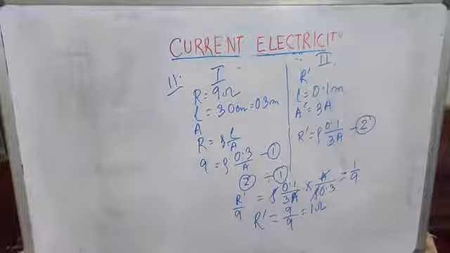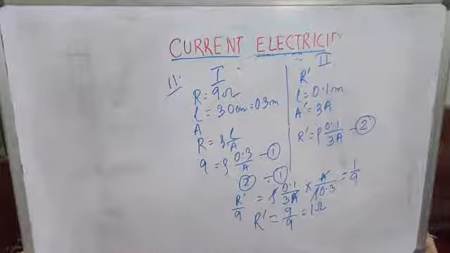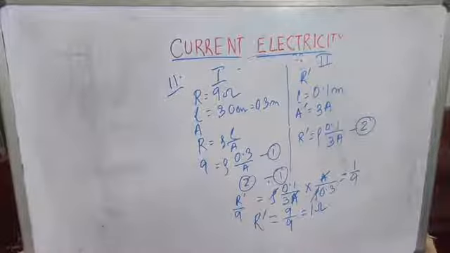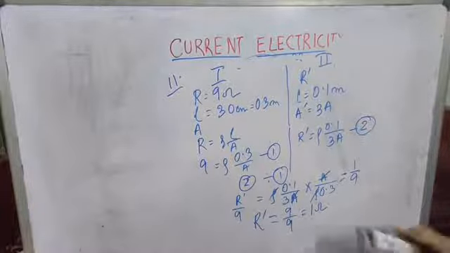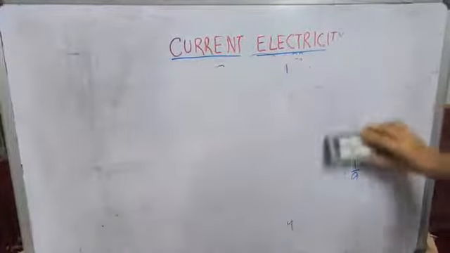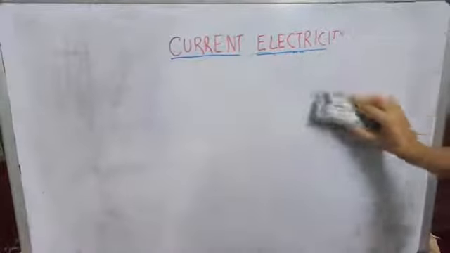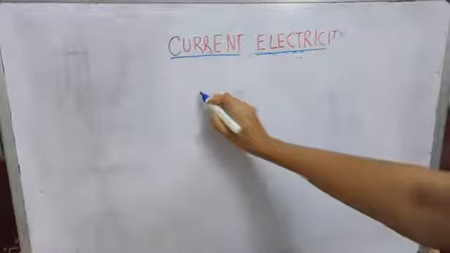Now my second question for your assignment is, please listen to me carefully. Suppose you have a wire of resistance R and length L. If the wire is stretched to triple its length, what will be the new resistance?